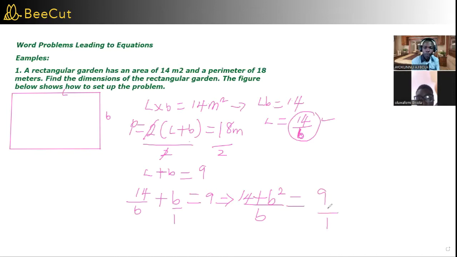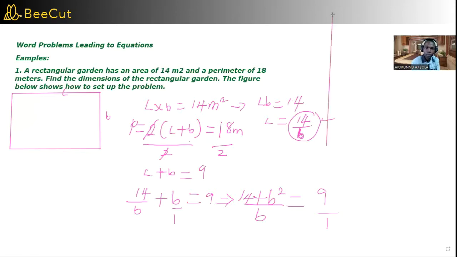So you can cross multiply now. When you cross multiply, you have 14 plus b squared equals 9b. So it's 14 plus b squared equal to 9b.